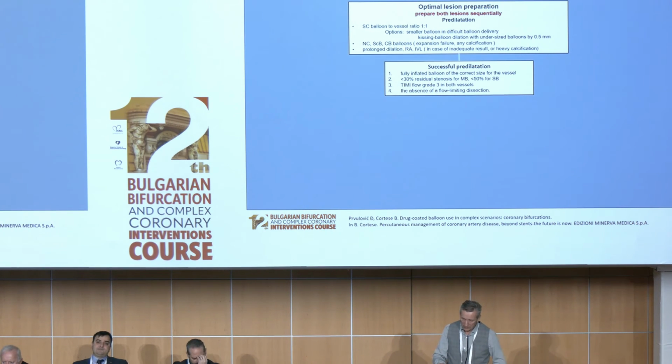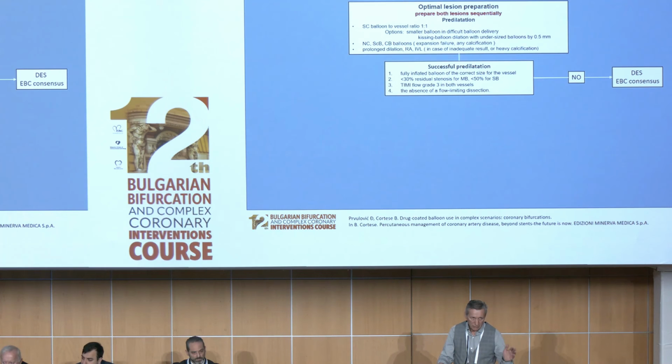This is the minimum: a fully inflated balloon of the correct size, less than 30% residual stenosis, TIMI 3 flow, and no flow-limiting dissection. I didn't put physiology in these guidelines because the Asia Pacific guidelines put it, but it's very liberal to use it if you are not certain.